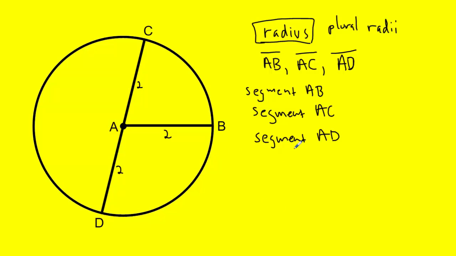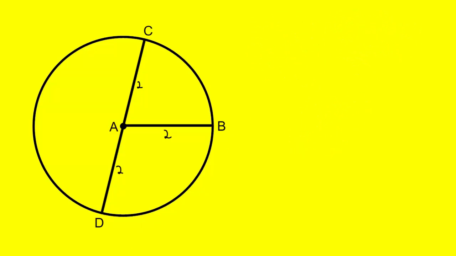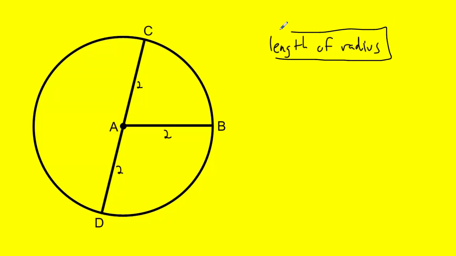And if I want to talk about the length of a radius, the length of the radius is different from the actual radius itself. Naming a radius is the actual part, and then for the length of the radius, we use a different notation. So the length of the radius, or in this case the radii, would be AB.